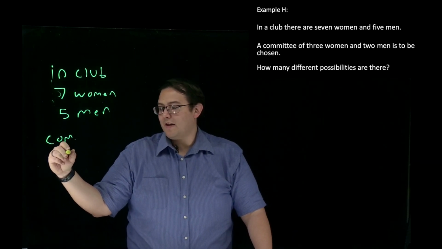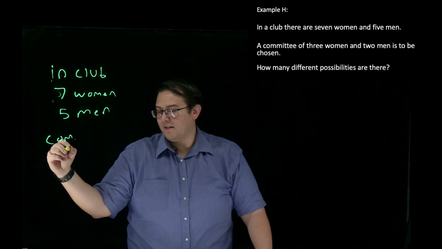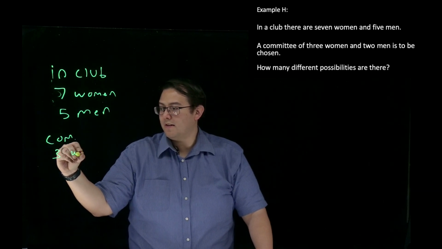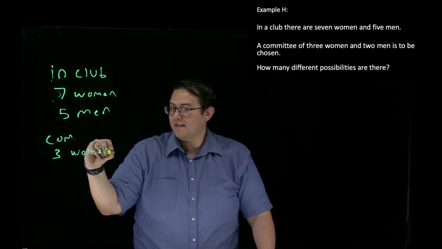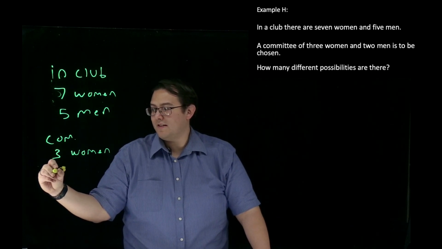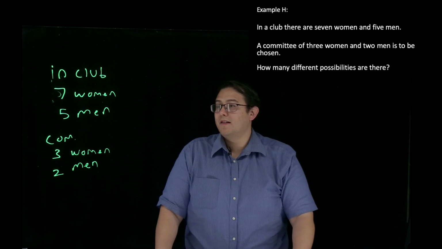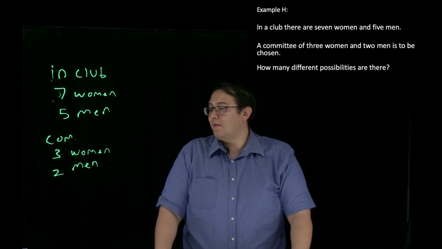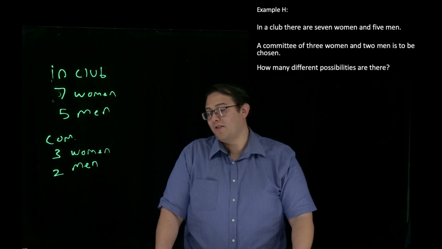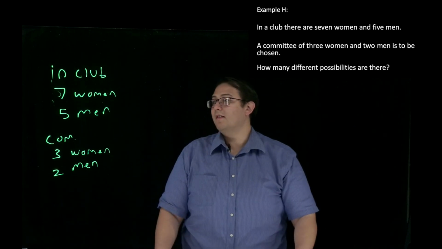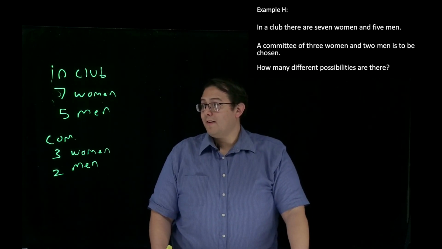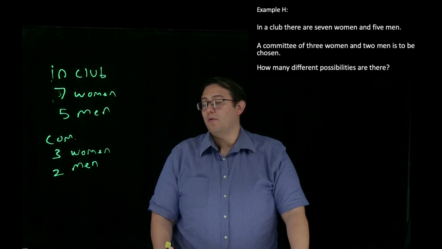Our committee is going to have 3 women and 2 men. And we want to know the number of ways we can form our committee. Okay, so first we're going to figure out the number of ways we can choose the women.